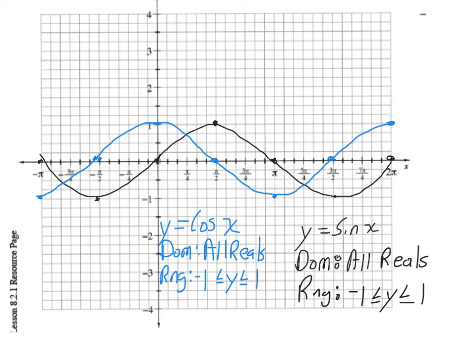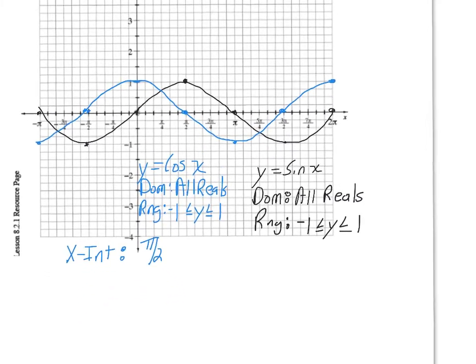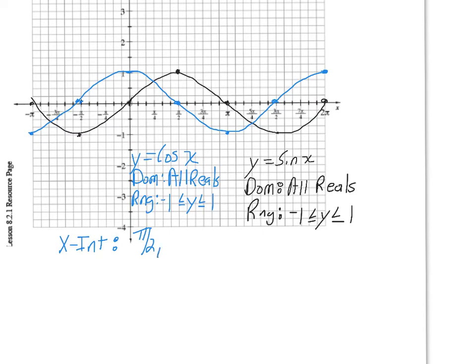X-intercepts for both of these functions. The x-intercepts for the cosine occur at pi over 2, and then at 3 pi over 2, and if we kept going, at 5 pi over 2.